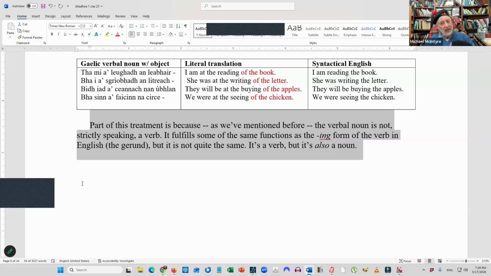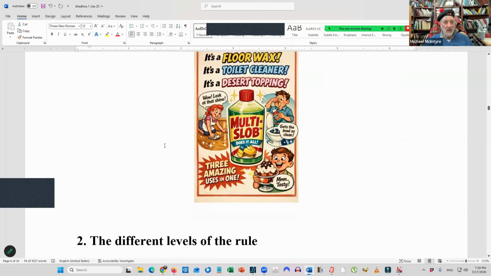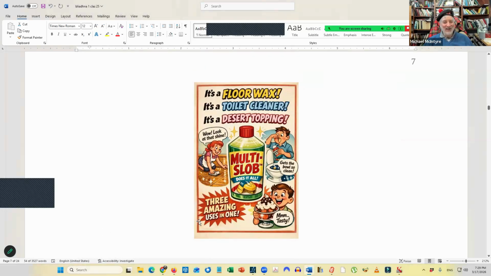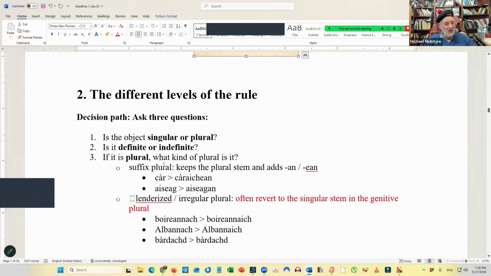In some cases it can even be used as a noun. So, a little note on the verbal noun. It's a floor wax, a toilet cleaner, a dessert topping. Three amazing uses in one. Anyway, the verbal noun has a number of different uses.